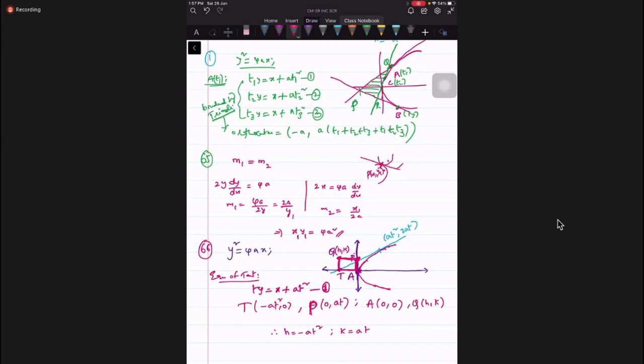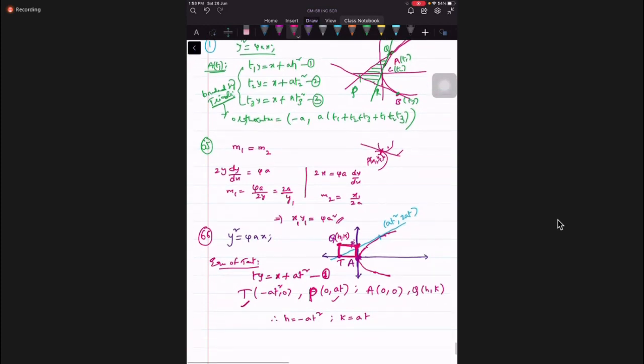Is it correct? Now P we have to eliminate. No problem here, P we have to eliminate. You can get it from the second line.